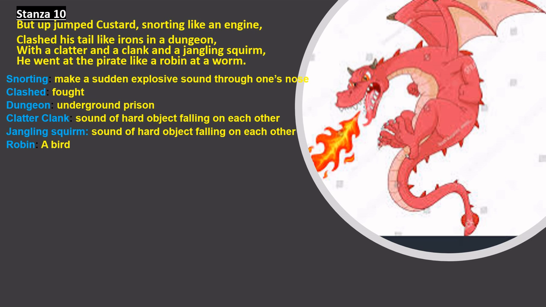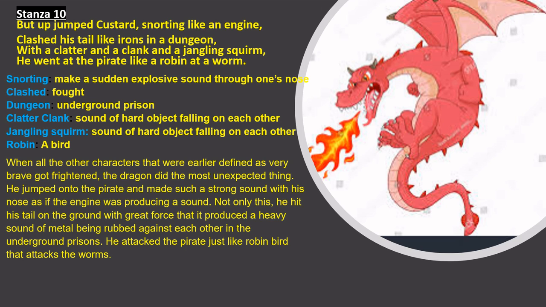Robin is a bird. So here in this stanza, when all the other characters that were earlier defined as very brave got frightened, that means Ink, Blink and Mustard, they were defined as brave, but now they got frightened. The dragon did the most unexpected thing.